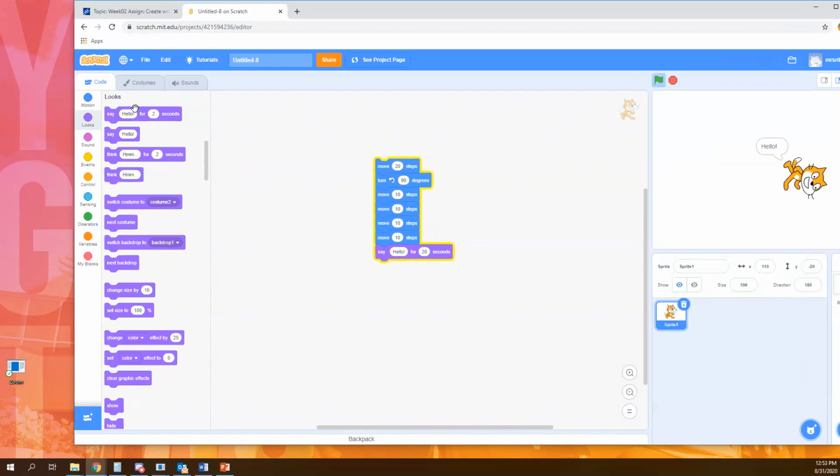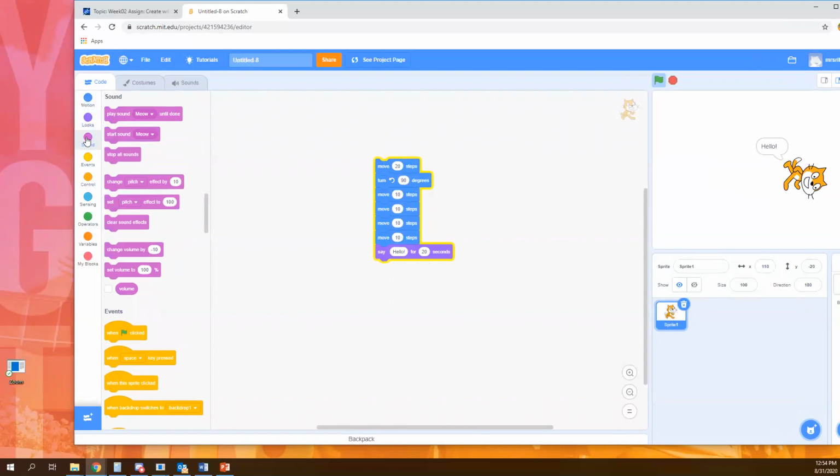And with your looks, you can have him think, and so he's going to do that little face where he's thinking, all that kind of stuff. The pink then is sounds. So this awful meow sound, let's do it. We'll start that sound, meow.